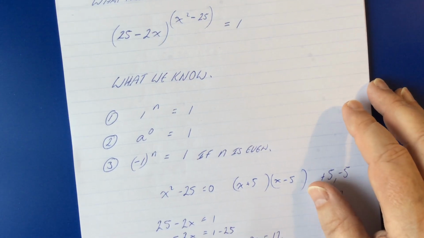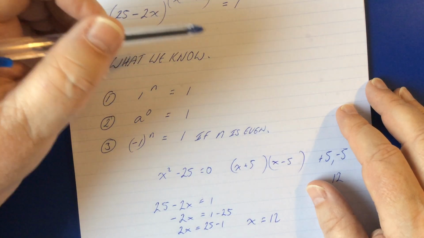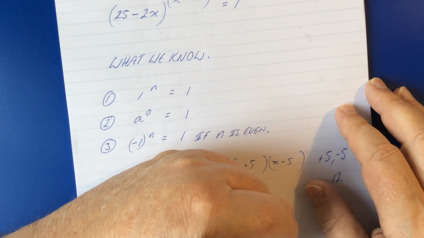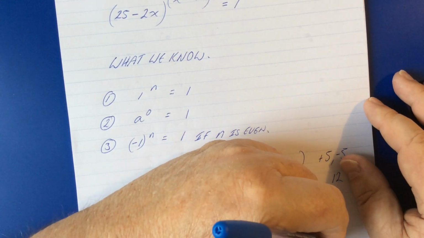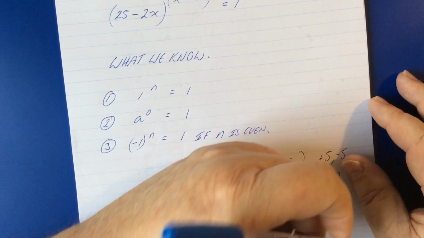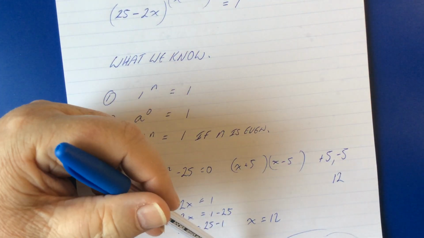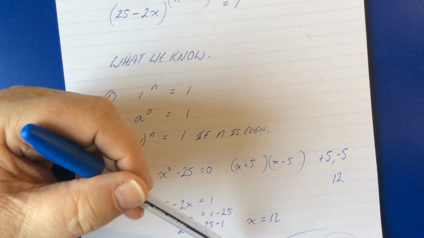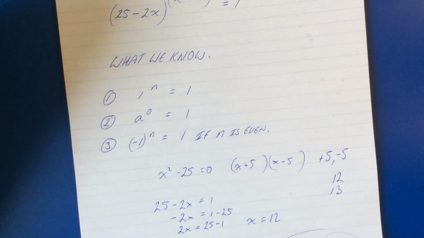Well, that is 13 squared, 169, minus 25, which is equal to 144. Now that's an even power. And negative 1 raised to an even power is 1. So 13 is a possible answer.